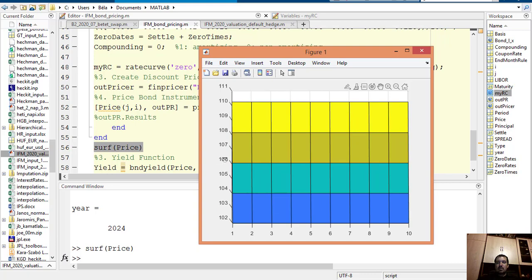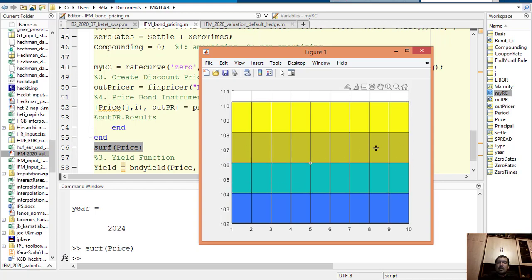Also, yep. So we are able to see that, okay, if the LIBOR rate would increase by 1%, it actually does not have so many effects on the bond price.